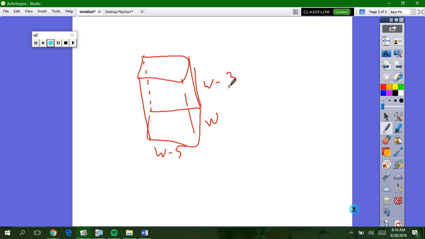So once again, what's the volume of any cylinder? Your base times your height. So I just go W times W minus 5 times W minus 3. Do I have to plug this in and make it a polynomial? Right now this is in linear factors. I do not have to do it as a polynomial because your calculator would do that for us.